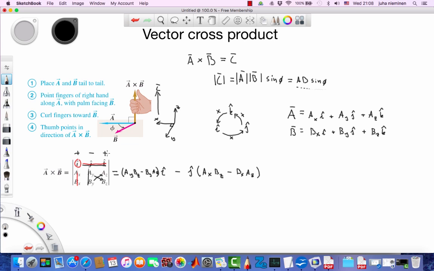And now the third one, we are blocking this column and that row, so we are only left with these four here.